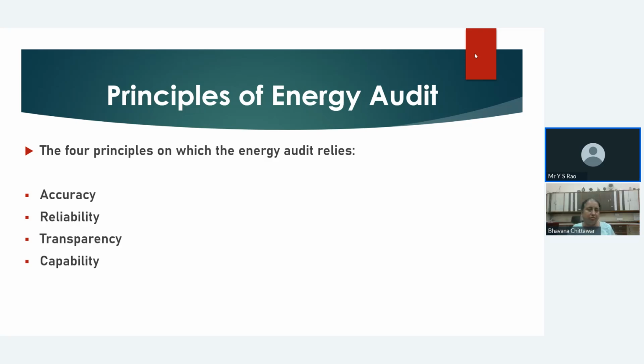The reliability of the data shared by the end users, sometimes or most of the times, that's always in question. So transparency should be maintained between the auditor and the end user. The auditor should be transparent enough with the end user, and the end user should also be transparent with the auditor in sharing the data that is available with them.